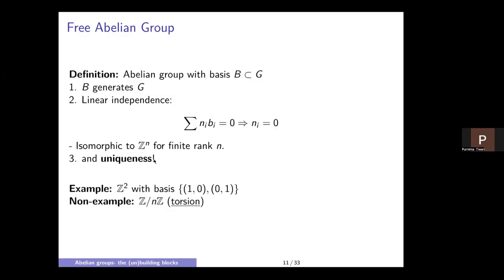Okay. Let's see an example. Z2 with the basis (1,0) and (0,1). We have this as the basis of Z2, and this also generates the entire Z2. Please do not confuse it with Z and Z. It's Z cross Z. A non-example would be Z_n. Here it is not a free abelian group.